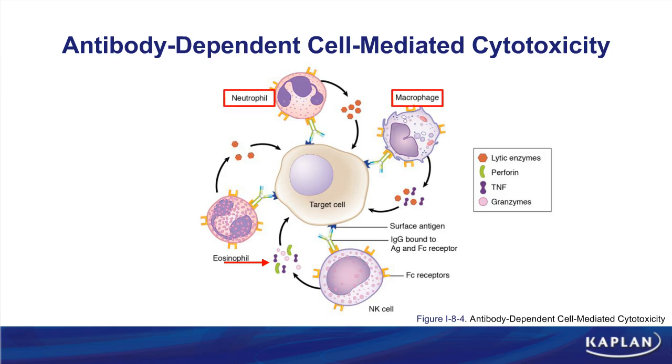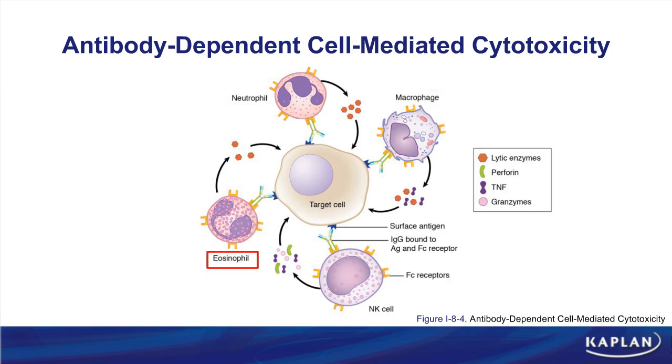Neutrophils and macrophages can do this as well, although they are not known to express or release perforin, but they do release lytic enzymes. So again, they're not going to just whack the target cell like we expect from cytotoxic T cells and natural killer cells, but they can be effective nonetheless. And eosinophils.